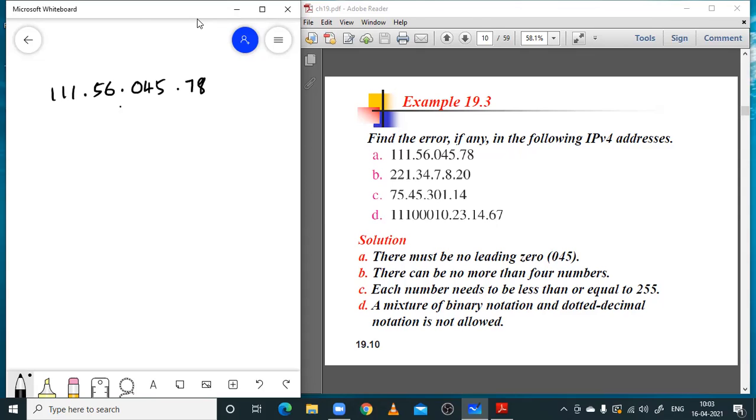111.56.045.78. Is this a valid IP address now? Anyone can answer. Try to answer this question. Is this a valid IP address?